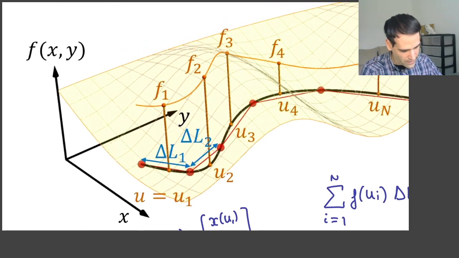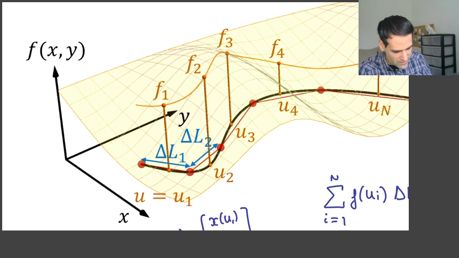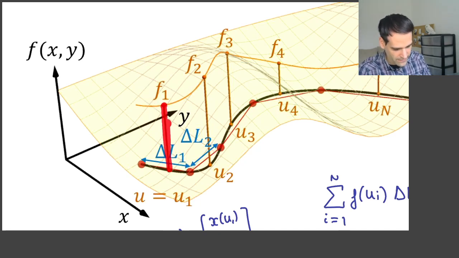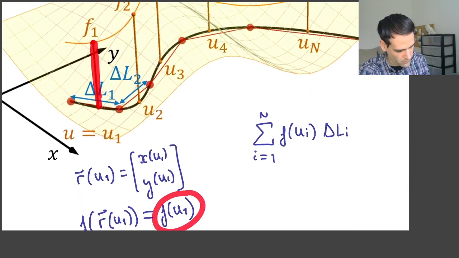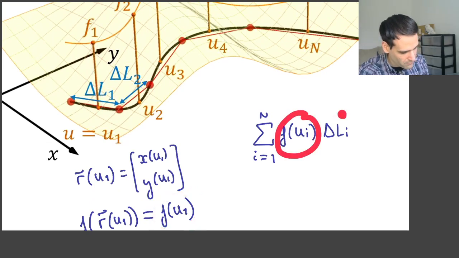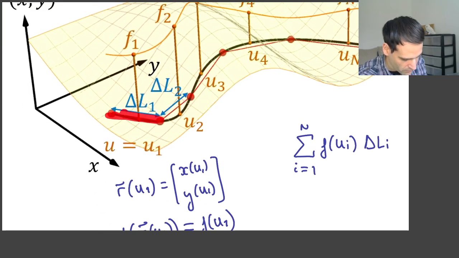And this f of u1 is this height here. It's the vertical height between the xy plane at this point and the surface that represents our function f of xy. So that is the value of the function at that point. That height is f of u1, which is the first term in the sum, and this height is being multiplied by delta L1, which is this width here.